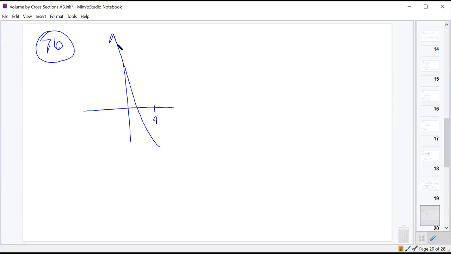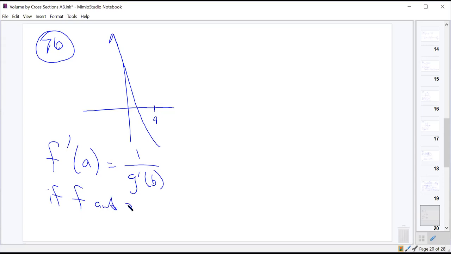So we are looking at the inverse rule for this because we're talking about the inverse of f. And so we remember, if f and g are inverses, this was our inverse rule, right?